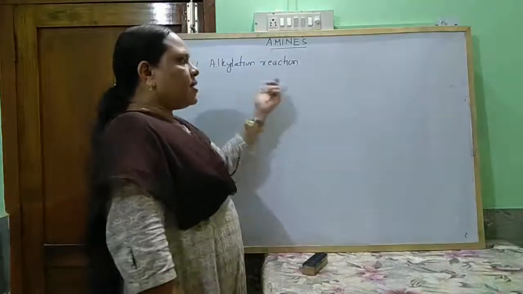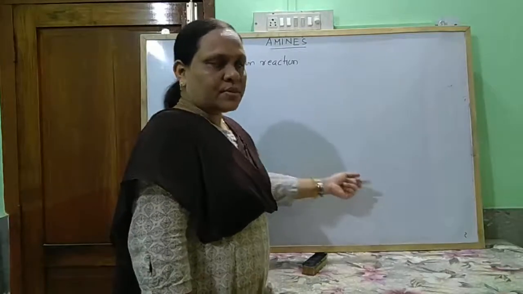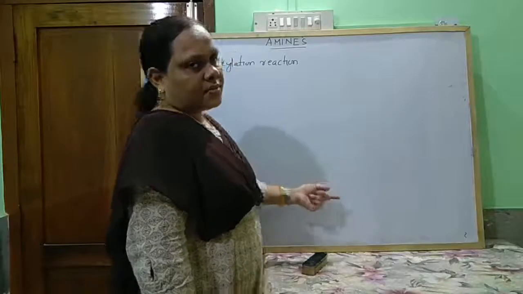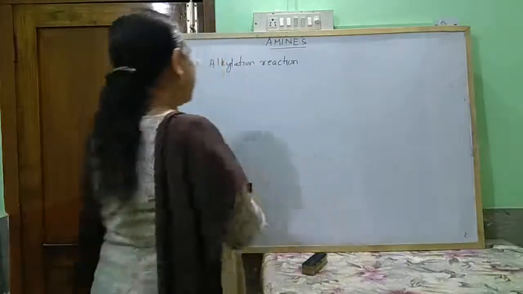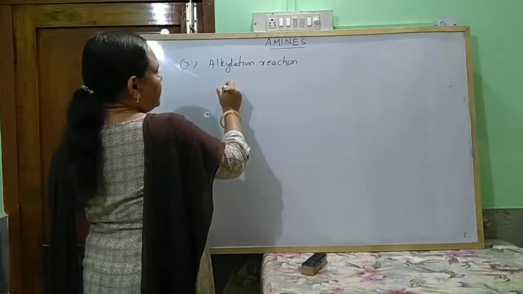If a primary amine reacts, it forms secondary, tertiary, then the ammonium salt. If a secondary amine reacts, it forms tertiary and the ammonium salt. If a tertiary amine reacts, it forms the quaternary ammonium salt. Look at these equations.